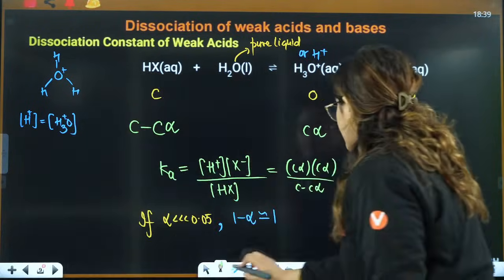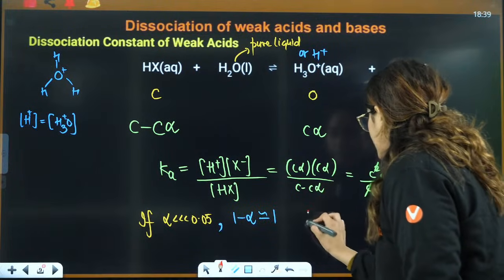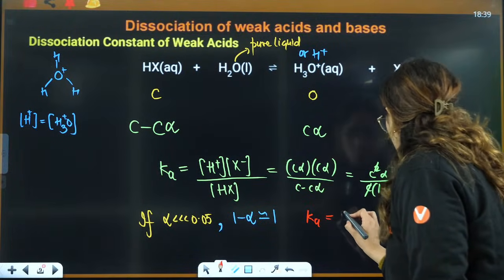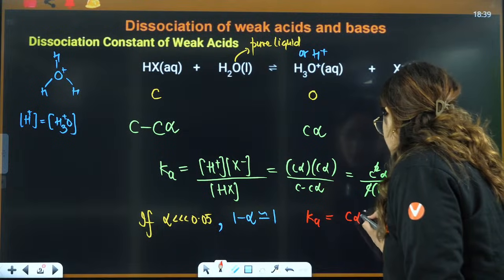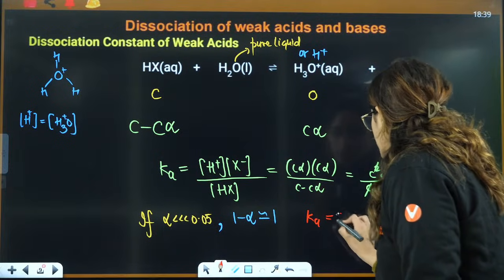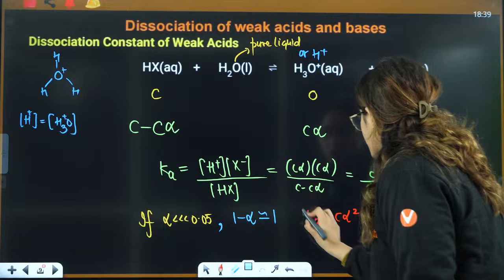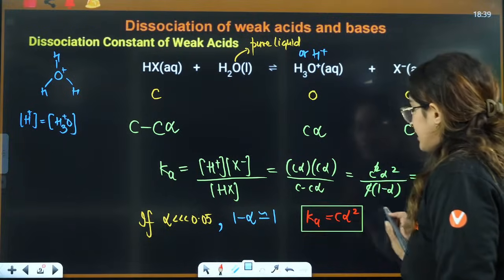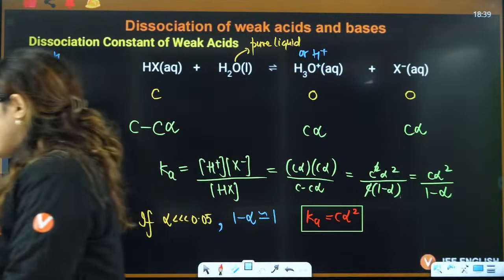That is the reason your new formula will be Ka equals C alpha squared. This is the value of the dissociation constant. Is that clear, everybody?